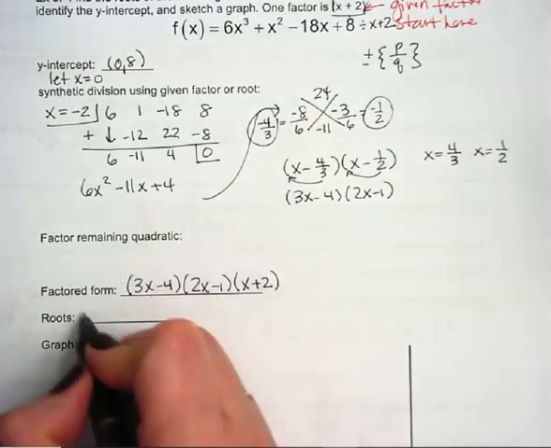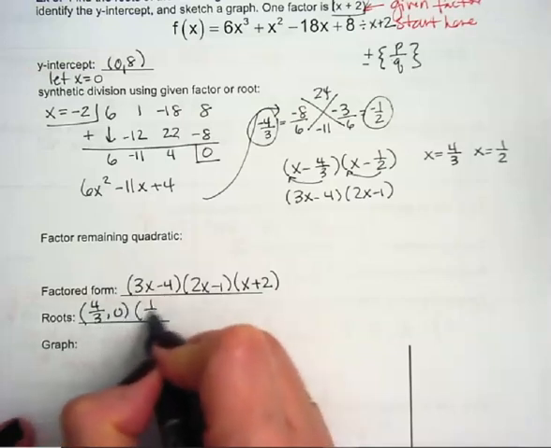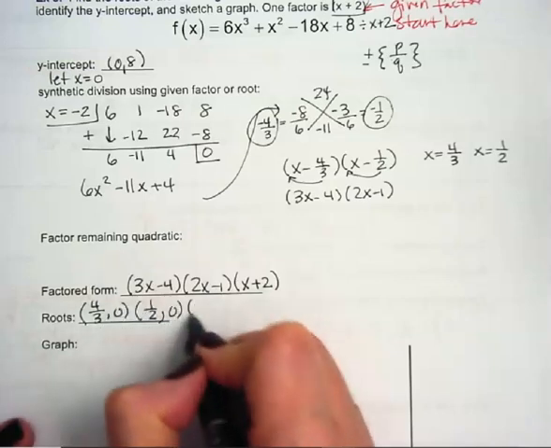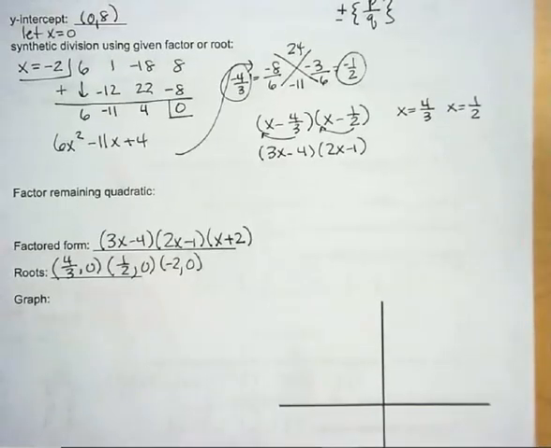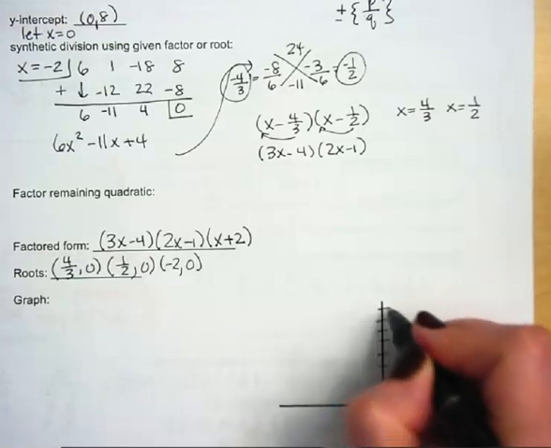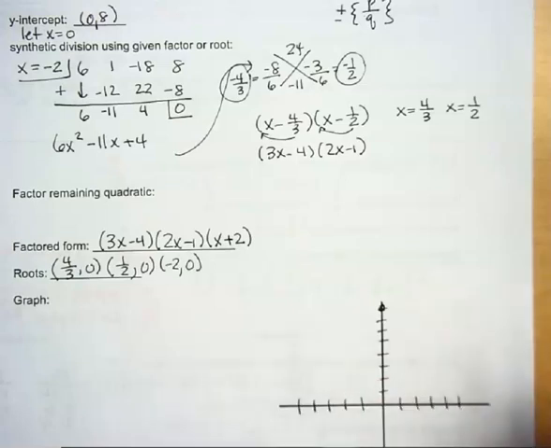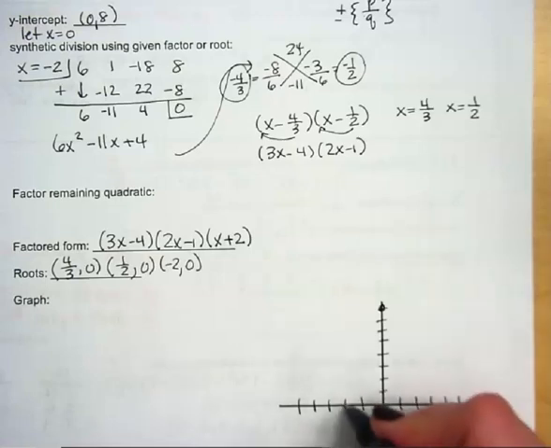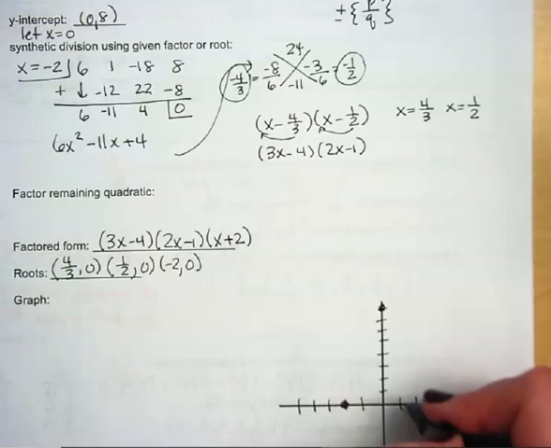My roots from each of those factors are 4/3, 0, 1/2, 0, and negative 2, 0. So I'm going to go ahead and graph my points. I've got a y-intercept at 8. This is not going to be drawn to scale. I have roots at negative 2, 0. 4/3 is 1 1/3. And then 1/2, 0.